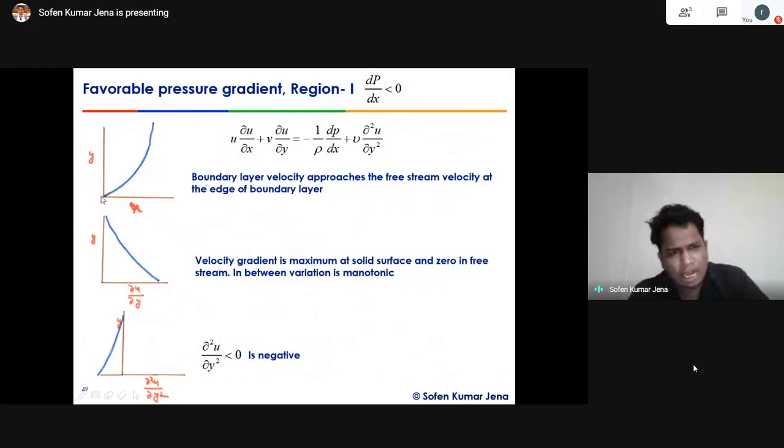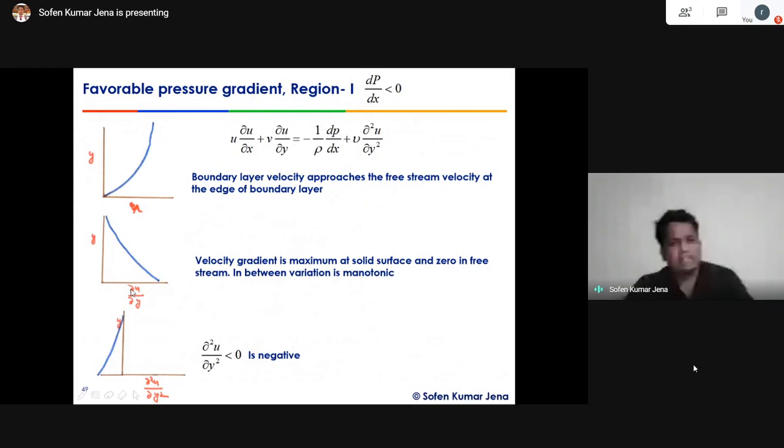So here you can notice at y equals 0, u equals 0. As you go on increasing, after a certain distance u becomes constant, because you have already reached the free stream velocity once y exceeds the boundary layer thickness.